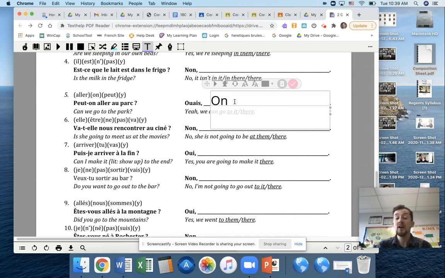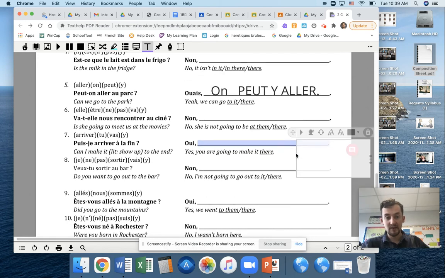Subjects are sentence starters. Put that first. Then I'm going to put the conjugated verb. Notice I'm leaving a little bit of space so that I can figure out where to put the Y. And then I'm going to put aller with a little bit of space. And then figure out where Y goes. Does it go in front of the conjugated verb? No, not when there's an infinitive. So you're going to say on peut y aller. D'accord?